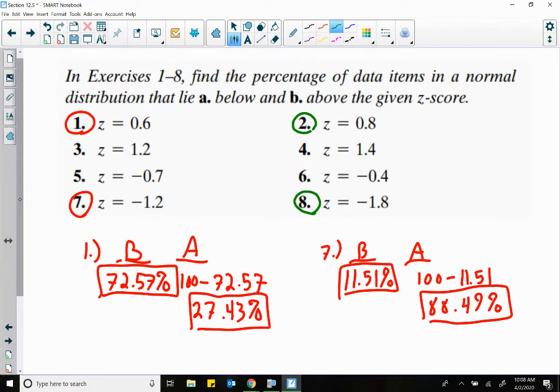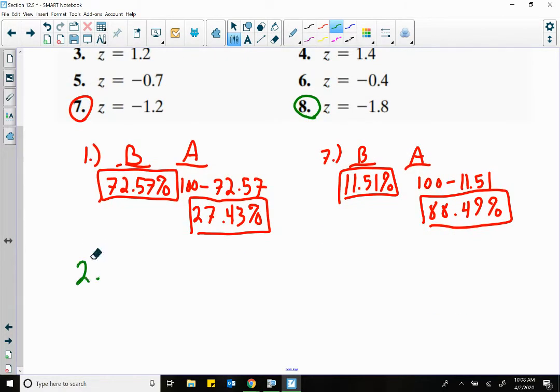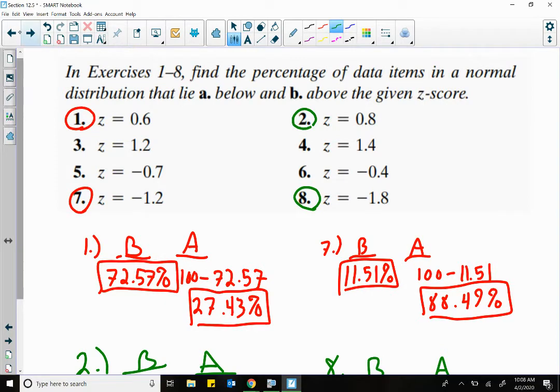Okay. So for 2, we're going to go below and above, and for number 8, we're going to go below and above.